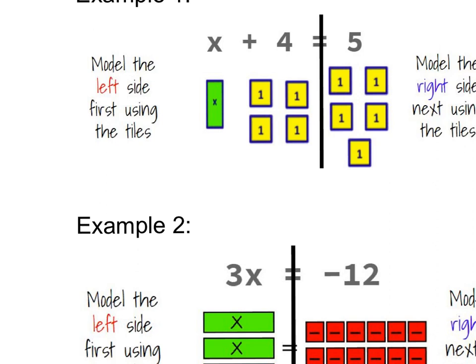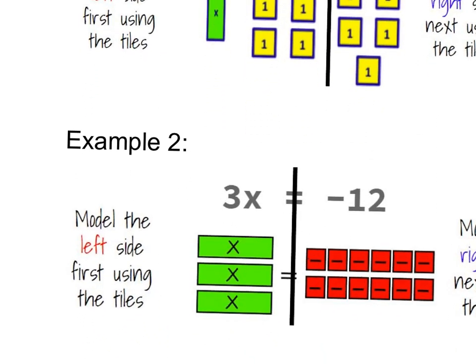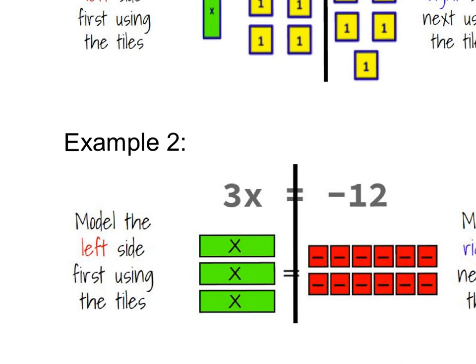All right. Let's go ahead and take a look at example 2. You have 3x equals -12. So we have a coefficient of 3 and you have the variable x. So we have 3 of our rods or 3 rectangles and they are positive, so you just have an x inside.